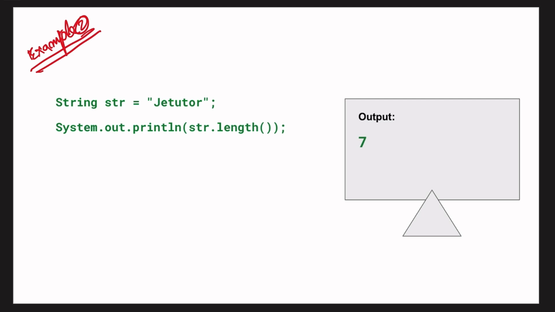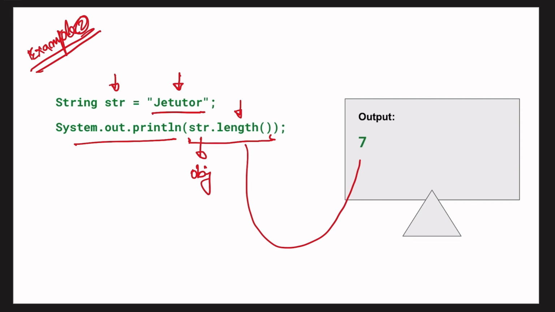Here we have one object str. In that we are assigning the string jtutor, and after that we are printing that string. With the help of str.length, it will access the length of the string with the help of object str, and you will get the answer as 7.